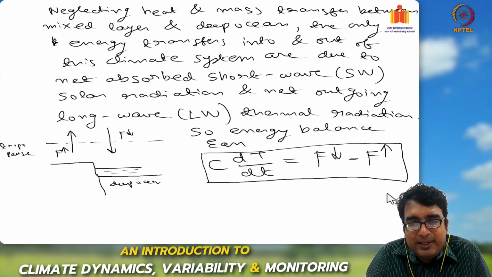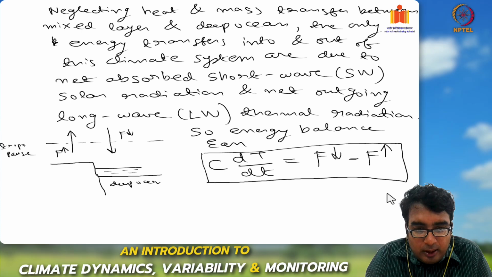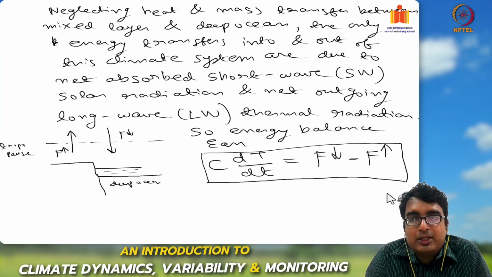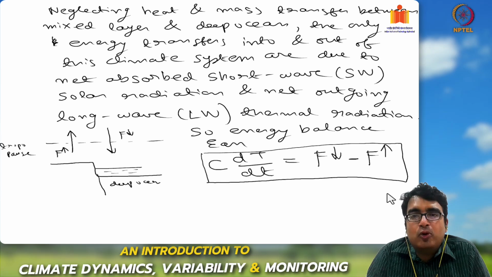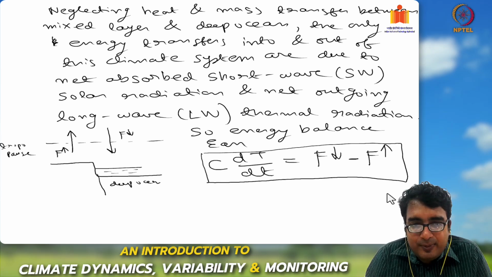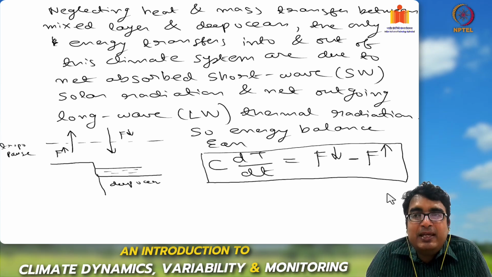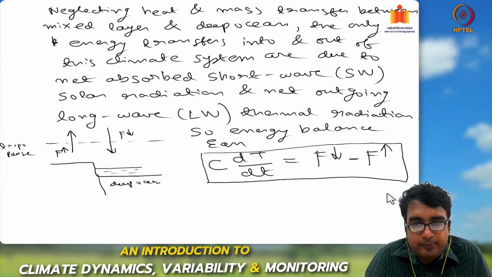We assume for simplicity that the mixed layer of the ocean does not interact in terms of energy transfer or mass transfer with the deep layers of the ocean, and that the only energy transport from this climate system is through the incoming short-wave radiation that is being absorbed and the outgoing long-wave radiation that is being emitted at the tropopause. So the net incoming short-wave radiation and the net outgoing long-wave radiation.